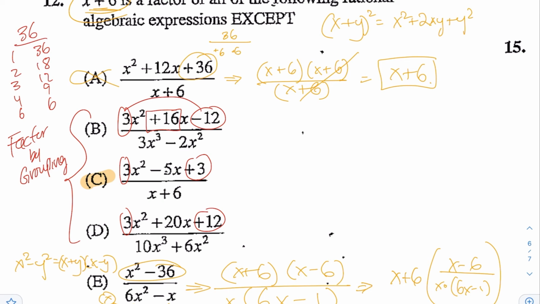So you see that 16 works with 2 and 18, specifically positive 18 and negative 2. So this numerator will turn into 3x squared plus 18x minus 2x, and 18x minus 2x is equal to 16x, minus 12. And the denominator, you can just factor out x squared.